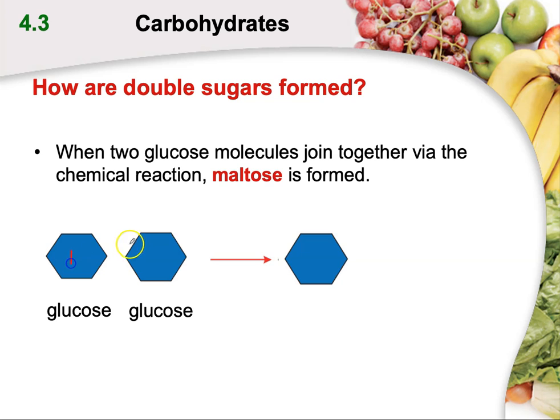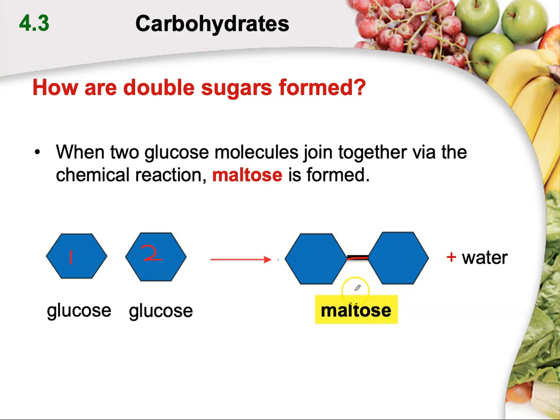Two separate single sugars known as glucose. If you want to form a maltose molecule, there must be a chemical bond in between them, and after the chemical bond is formed, it will be called your maltose. Your maltose is made up of two glucose chemically bonded together.